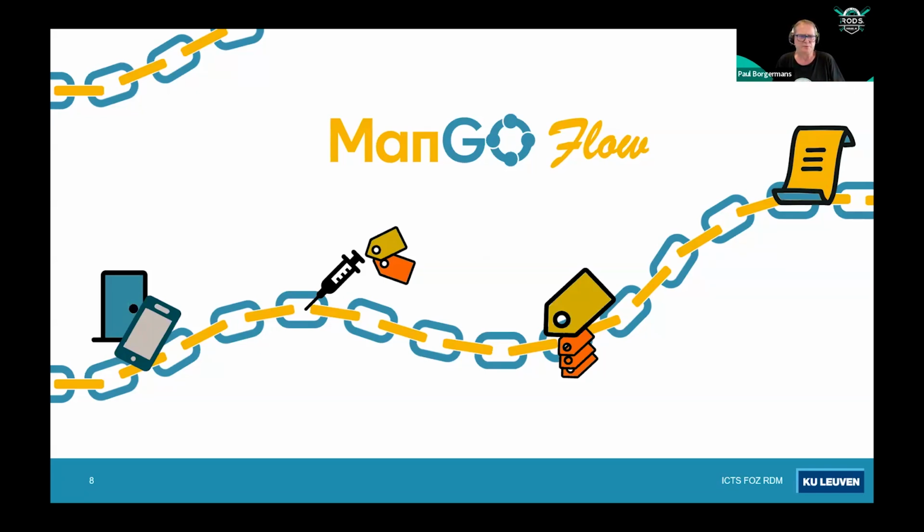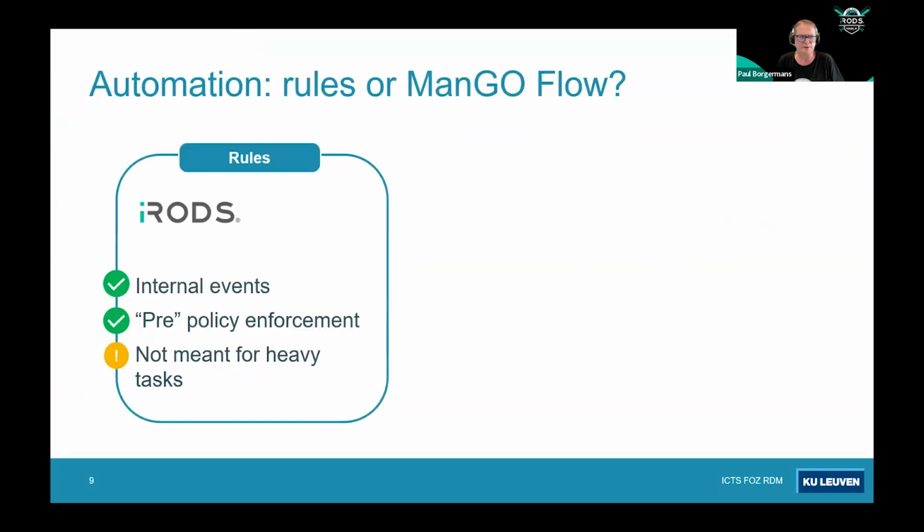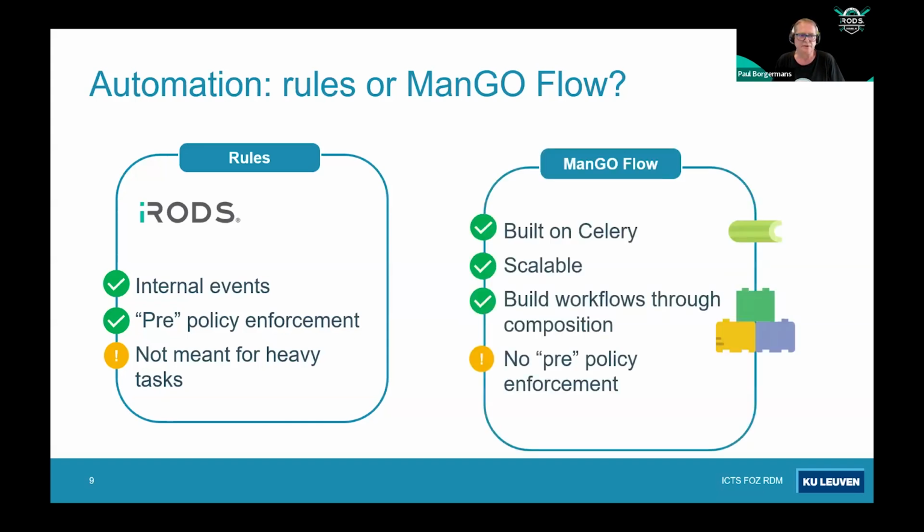But now about workflows and automation, we know that iRods already provides rules and PEPs. That's true. But we saw ManGO Flow also as something bigger that offers scalability and additional stuff, because we are servicing the entire university.